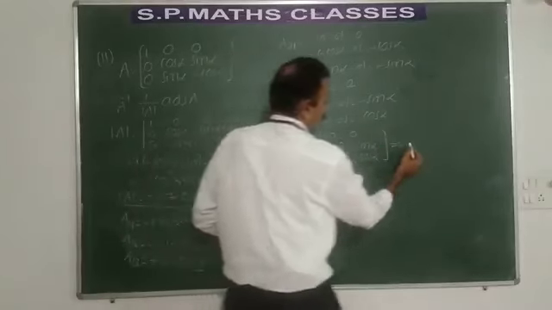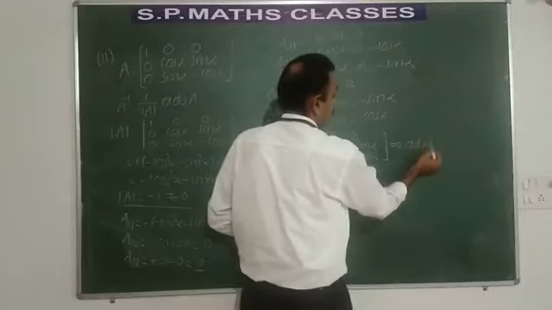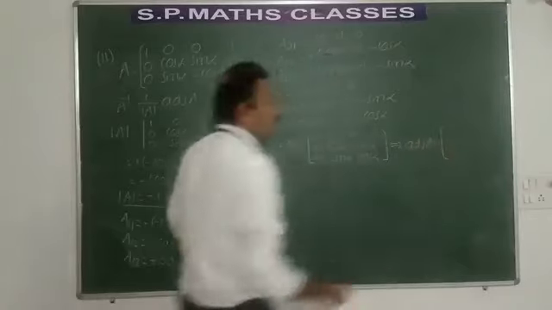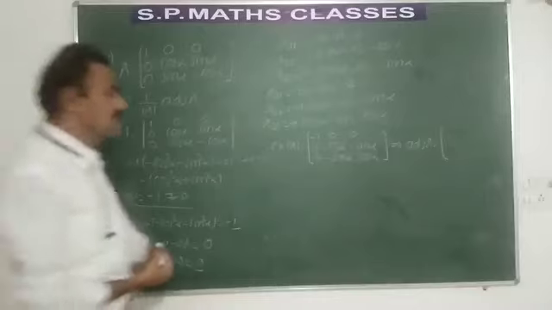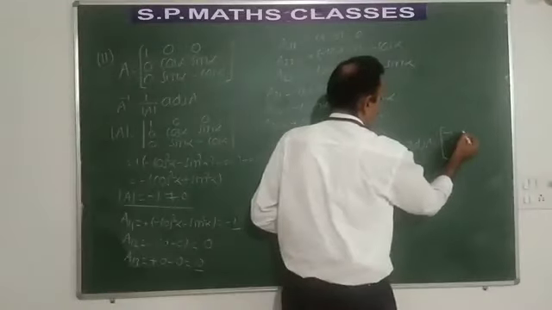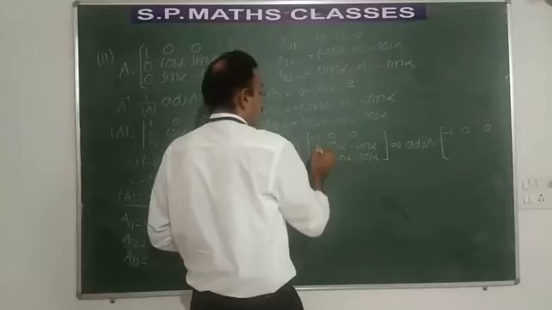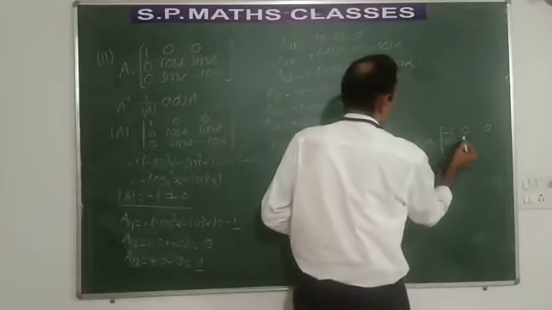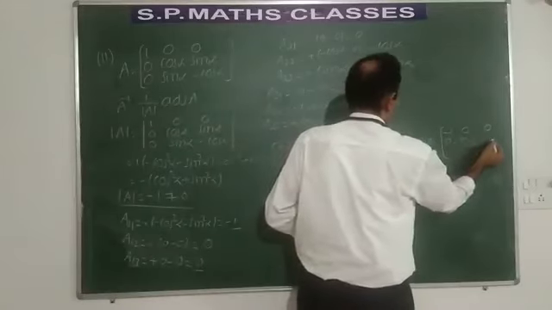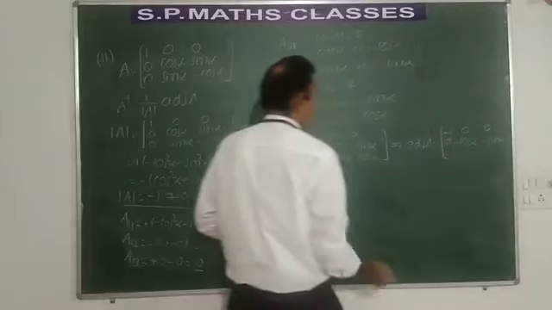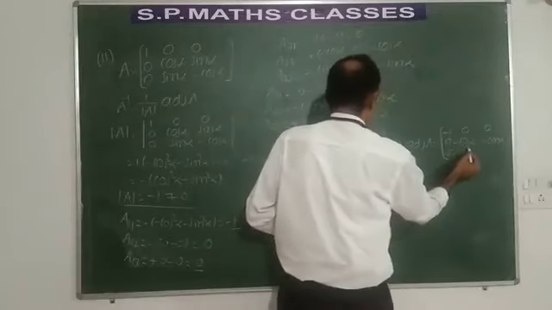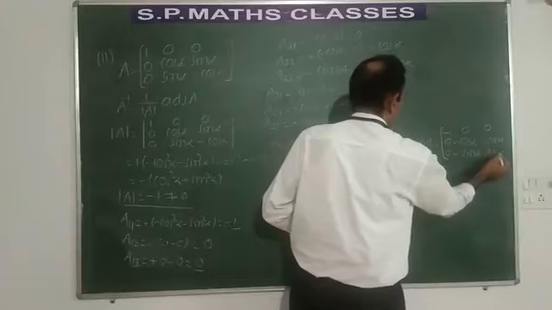That implies what is the adjoint? Adjoint A is the transpose of the matrix of cofactors. You take the transpose. Minus 1, 0, 0. Then 0 minus cos alpha minus sin alpha. Then 0 minus sin alpha cos alpha.